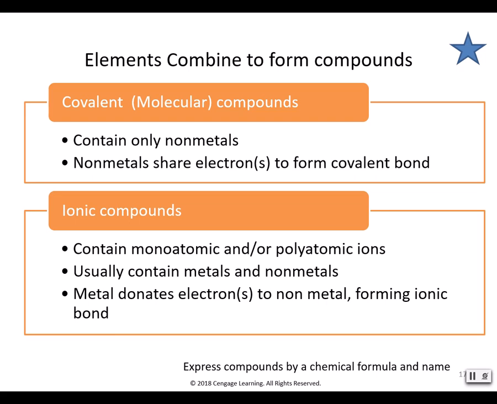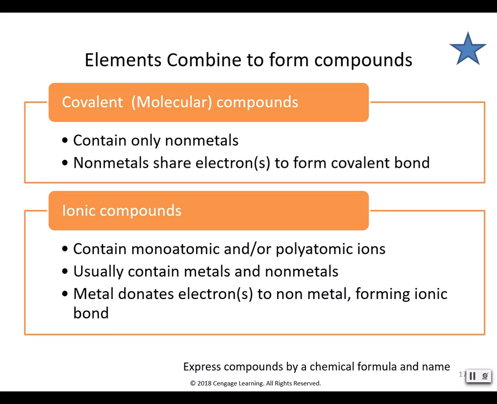The second type of compound that we'll talk about are ionic compounds. Ionic, as you can guess from the name, ionic compounds contain ions or charged species, specifically metals and nonmetals. So if you have a compound that has a metal and a nonmetal, then it's an ionic compound.